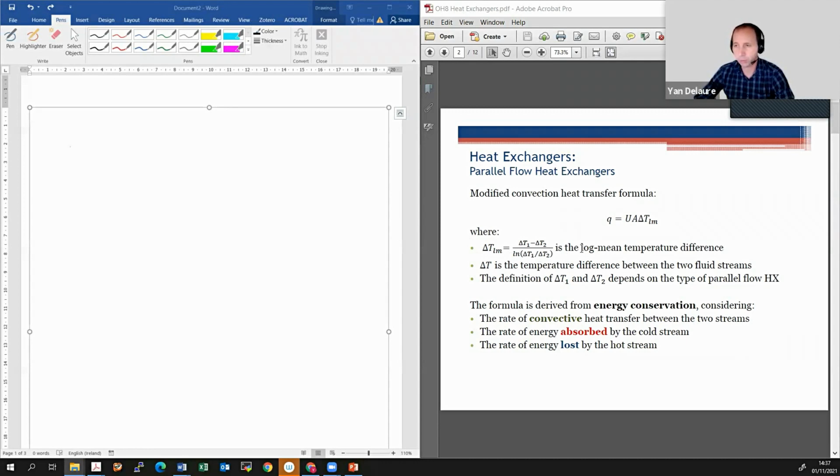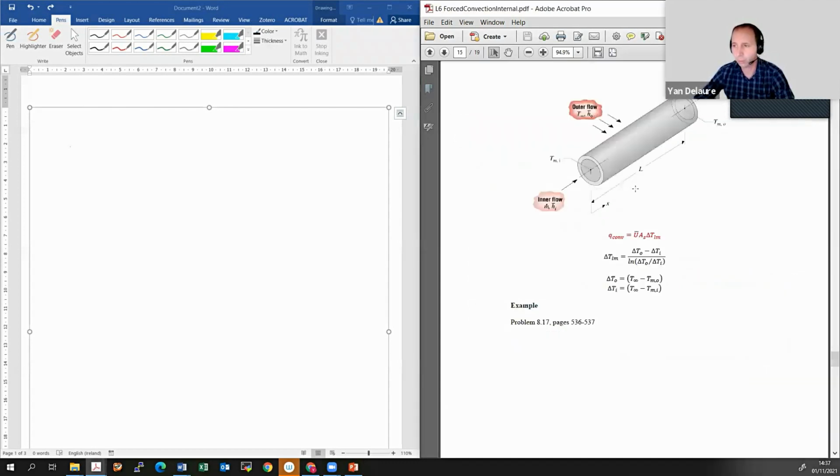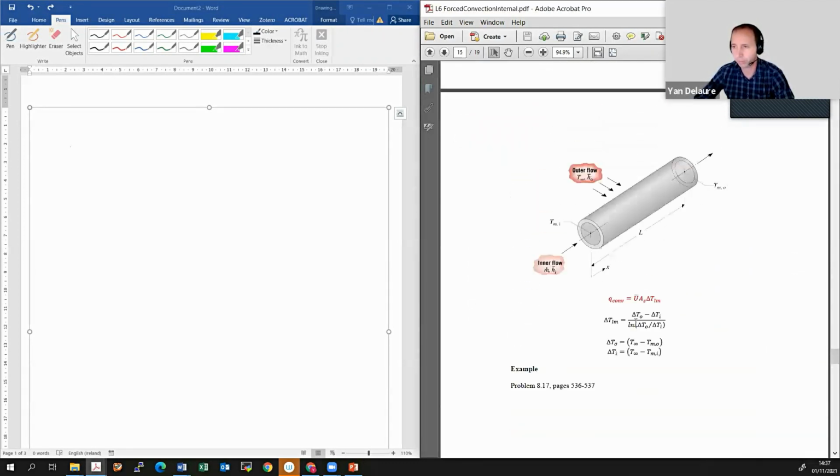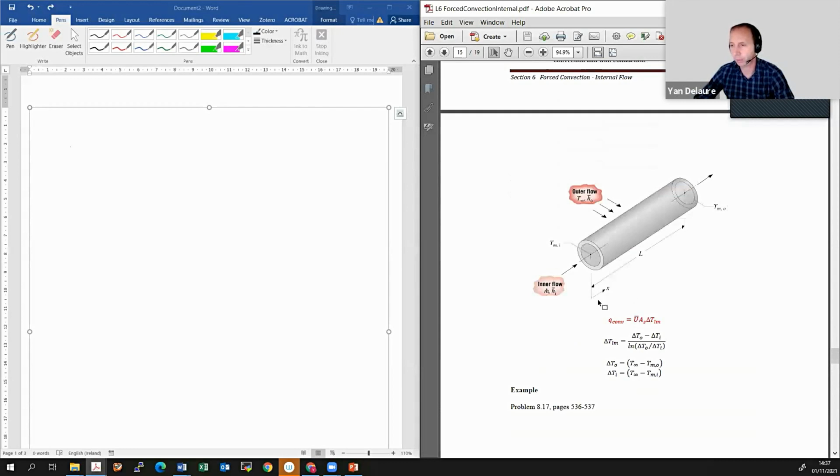What you should remember is that we did see this definition appearing previously. So for example, if you pull out the lecture notes on chapter 6, on page 15, I should say, we had a formula for the convective heat transfer rate going from an outer fluid to the fluid inside a pipe, taking into account the possibility of resistance due to a finite thickness wall. But essentially, it was very much the same formula.